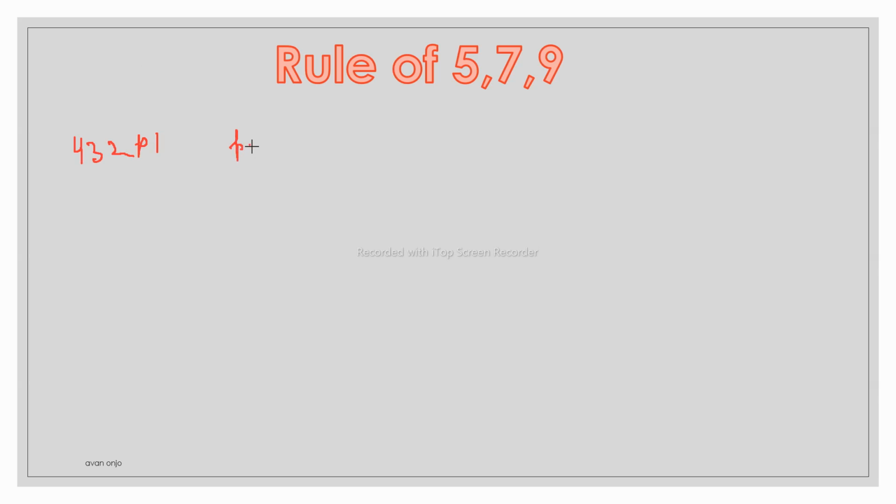So you have to find the value of p. What you have to do is add all of them first, and you get 10. So what could the value be so that the whole thing becomes divisible? If I add 8 to it, it becomes 18, and 18 is completely divisible by 9. So the value of p is 8. p is equal to 8.